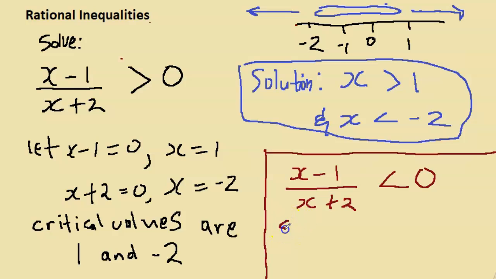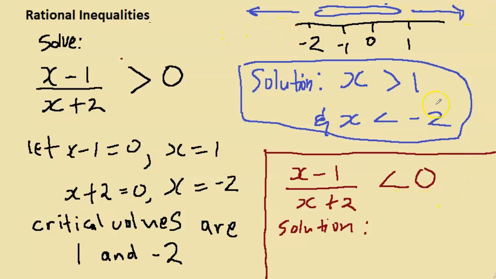But the solution set now, you want to take a guess of what the solution set would be? The solution set here would be just the reverse of this. Now, this here, the solution set are the values above 1 and below negative 2.